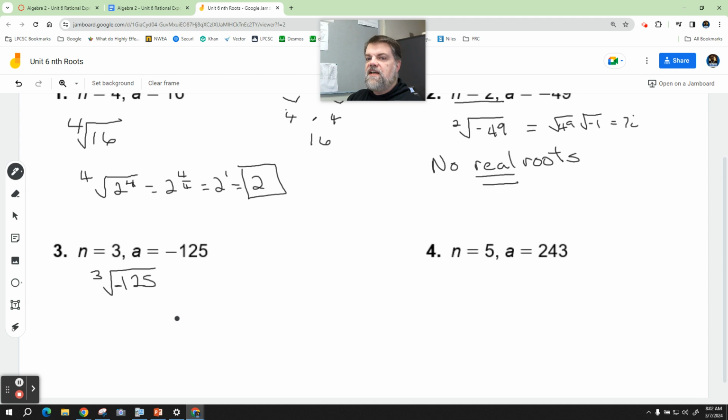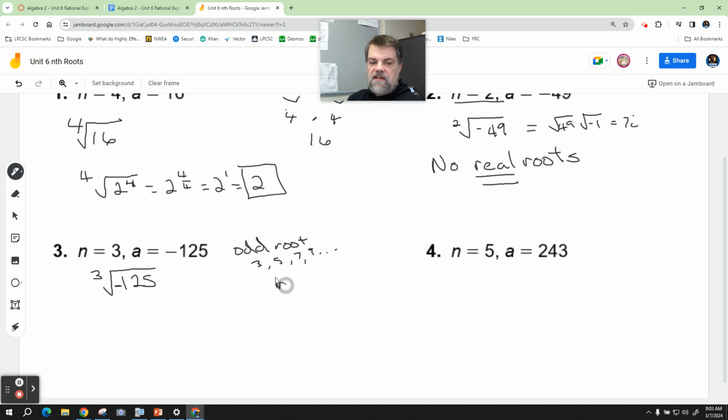So if it's an odd root, let's write this down, odd root: 3, 5, 7, 9, so on and so forth.